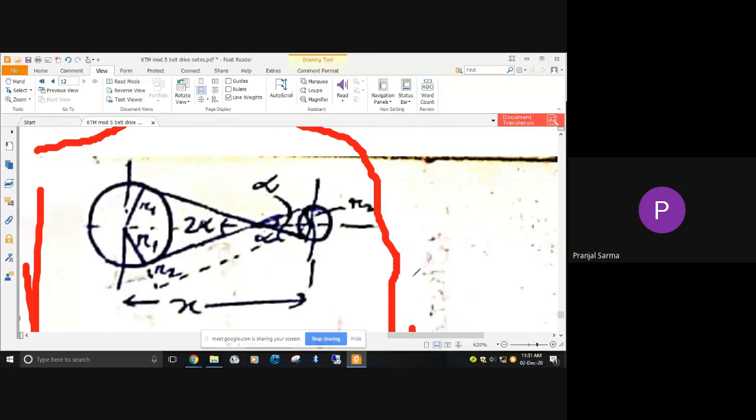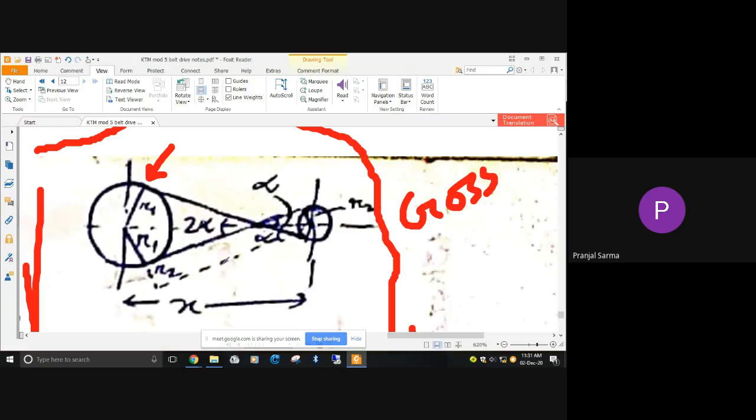So now if you recall the cross belting, this is nothing but the cross belt. This kind of configuration is there: we have the bigger pulley, the smaller pulley, and this is the belt. The belt leaves this particular pulley at this portion, comes in contact with the smaller pulley, is wrapped around it, and after that leaves and comes in contact here.